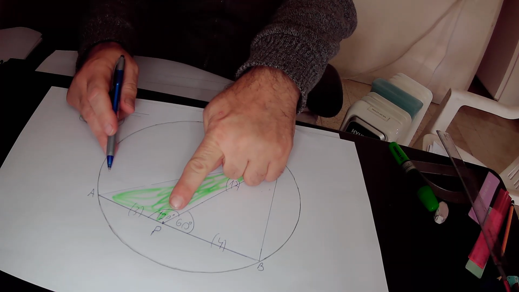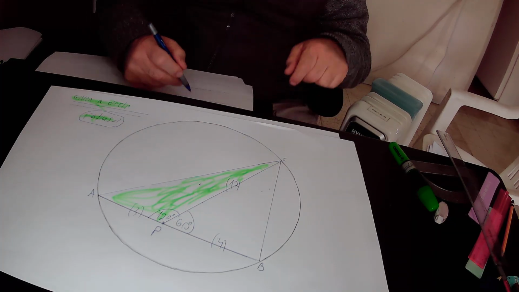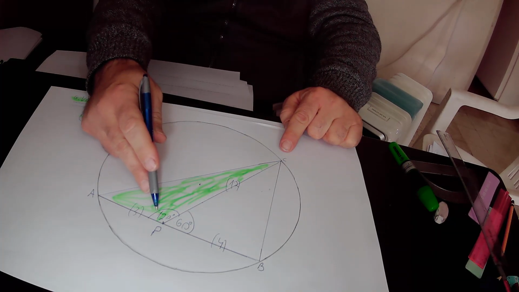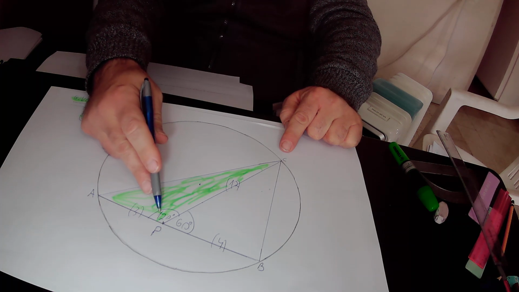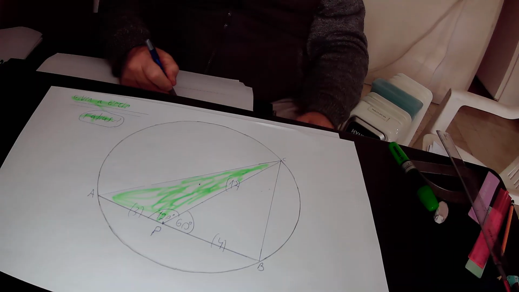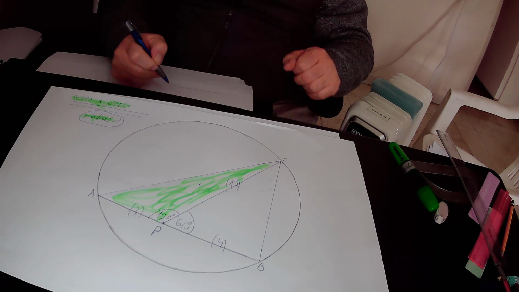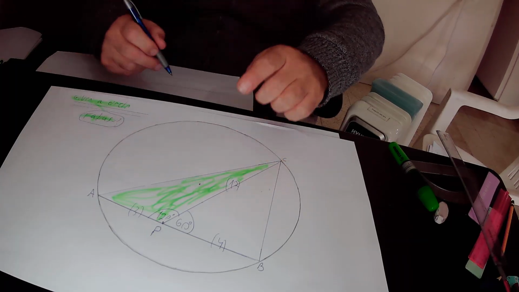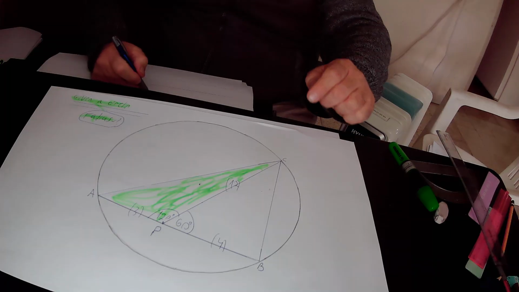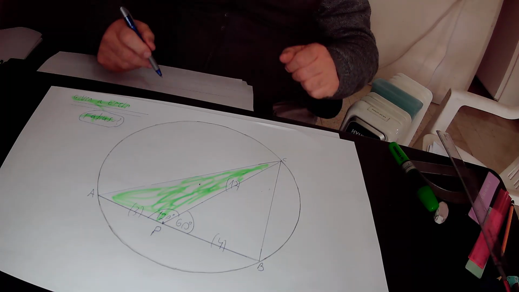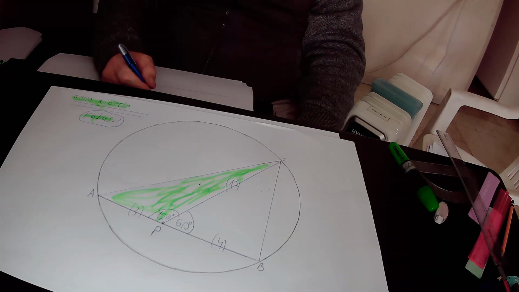AP is 3, therefore AP squared is 3 squared, that is 9, plus CP squared. CP is equal to 12, therefore CP squared is 12 squared, that is 144. Minus 2 times AP, that is 3, times PC, that is 12, times cosine 120 degrees. Cosine 120 degrees is equal to minus 1 half.